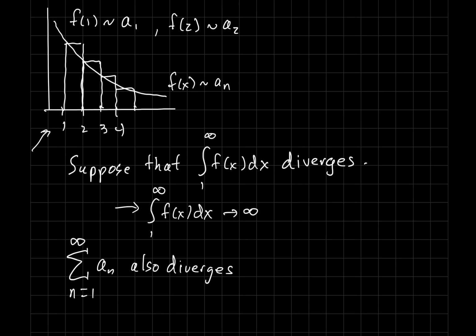Notice that the height of the rectangles are a1, a2, a3, etc., as we stated, but that the width of each rectangle is 1. That means the area of the first rectangle is a sub 1 times 1, or just a sub 1. And the area of the second rectangle is a sub 2, then a sub 3, etc.